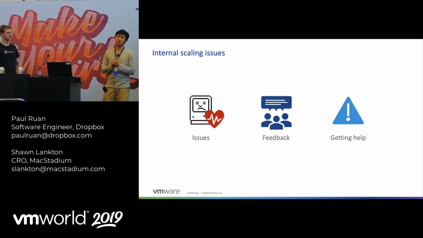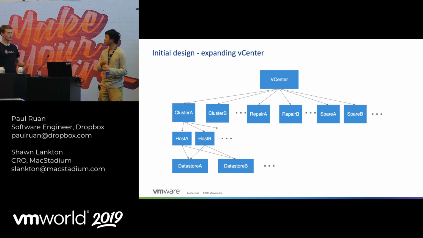We did, however, spend some effort improving how we coordinate repairing these machines internally within the three teams I mentioned, the CI team and the data center team and the people running vCenter.